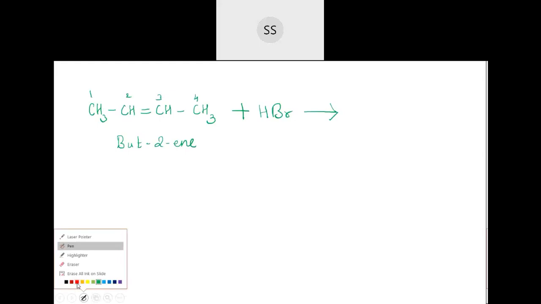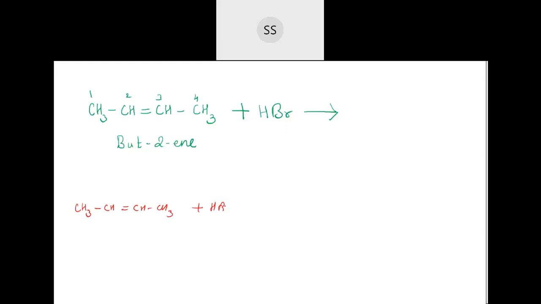You can cross them and then add them up. Okay. Anywhere you can add, you understood just now that anywhere you add this H or anywhere you add this Br, your product will be the same. If you want, I will do it here. Okay. See now if I take CH3, CH double bond CH and then CH3 and if I take HBr, this is minus and hydrogen is positive. Here I can change them to any side.